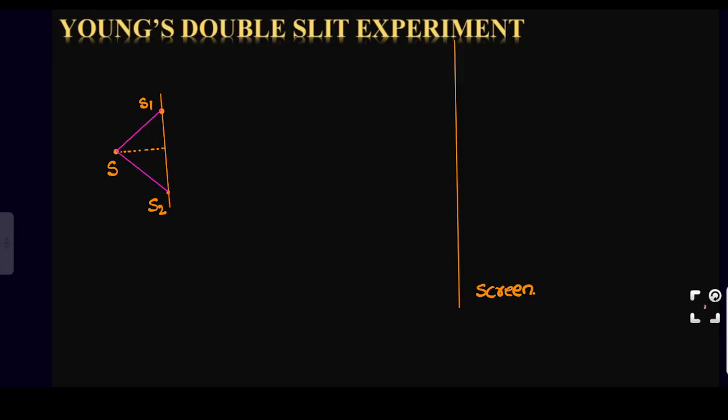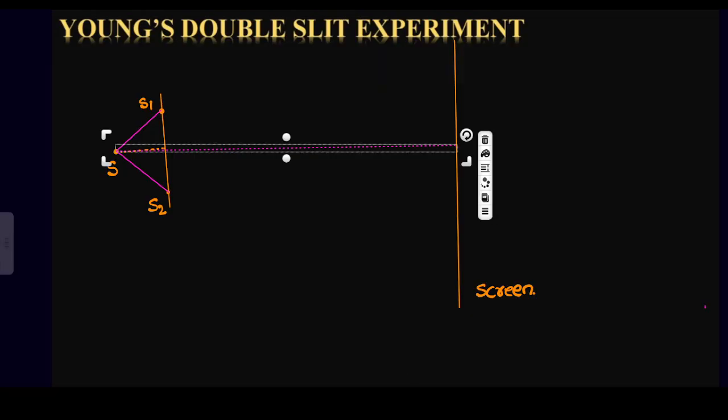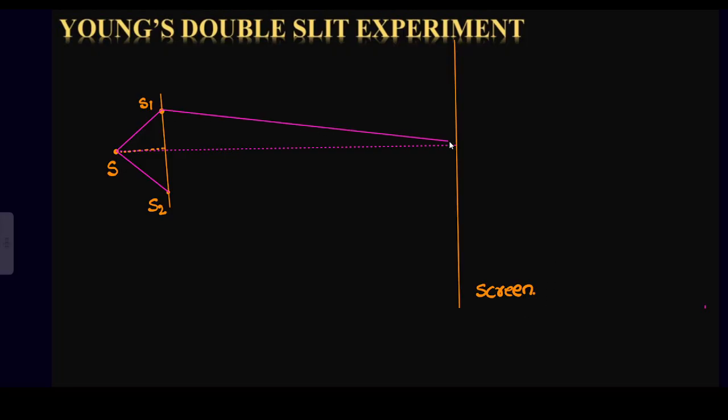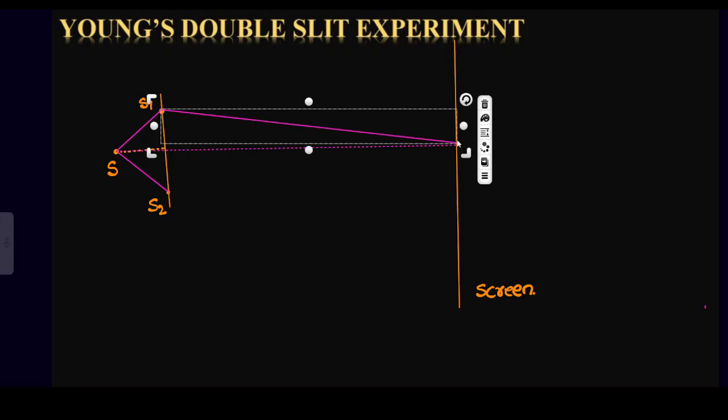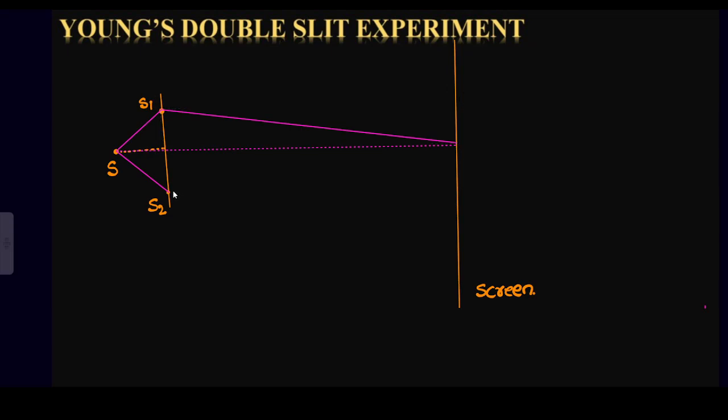Now if we observe carefully at the center point, the light ray has to travel from this slit to here, and from this slit to here, like this. Now you see this thing here.